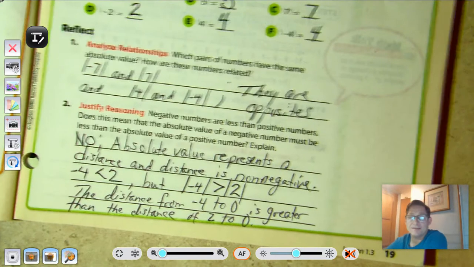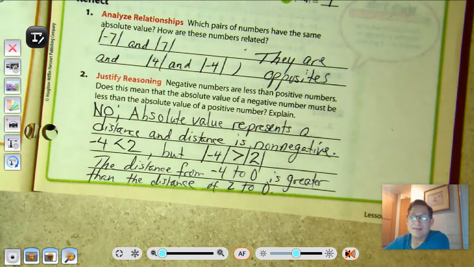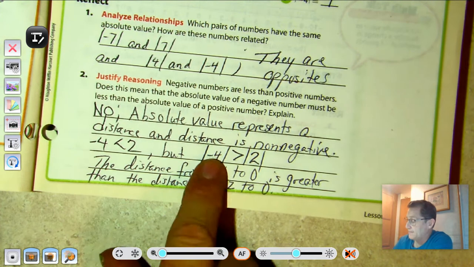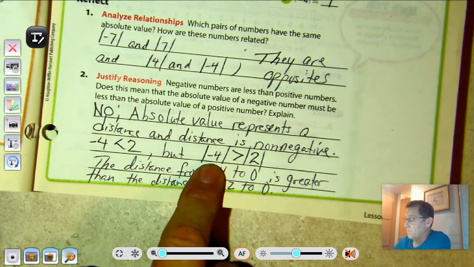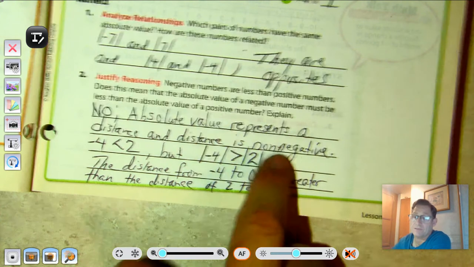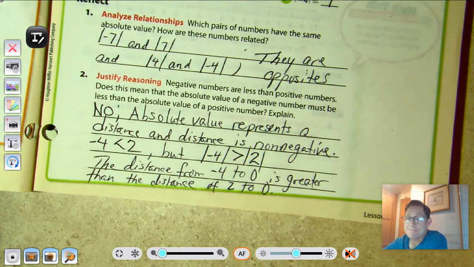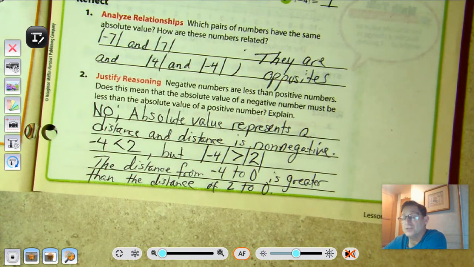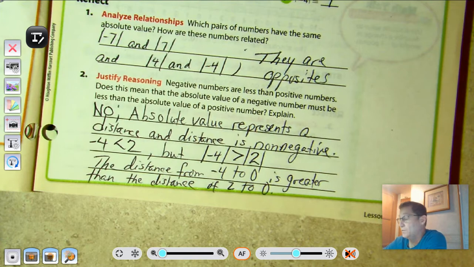Okay, so that's not true that the absolute value of a negative number must be less than the absolute value of a positive number. Okay, we just proved that. The absolute value of the negative number -4 is more than the absolute value of a positive number 2. And the reason is because you're just talking about the distance away from 0.